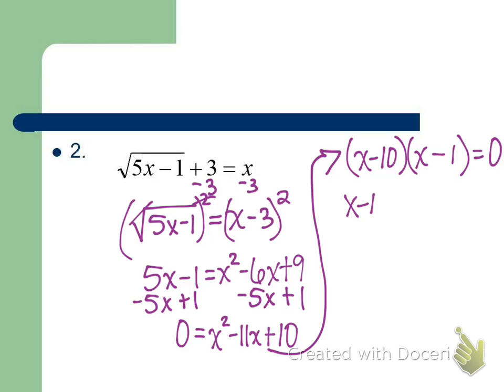Next up. Set them equal to 0. x minus 10 equals 0. x minus 1 equals 0. Last step for the solving. Add the 10, add the 1. x equals 10 or x equals 1. Questions about the solving process?